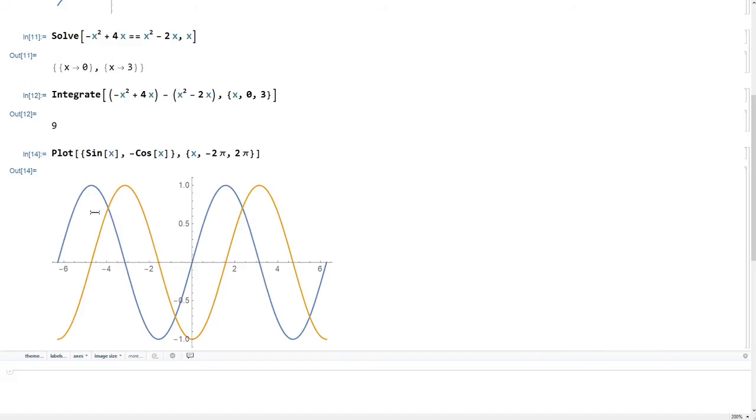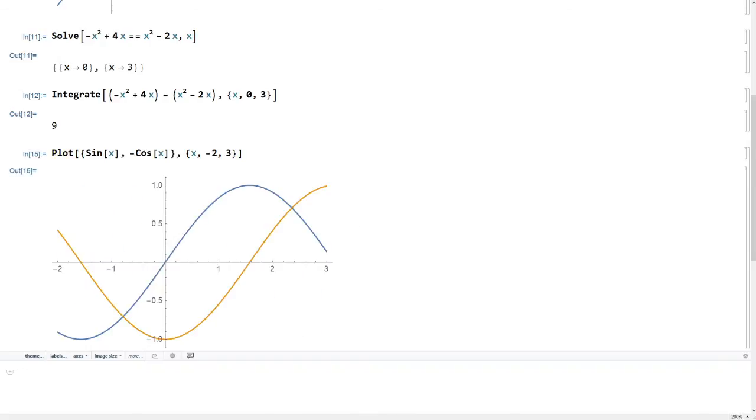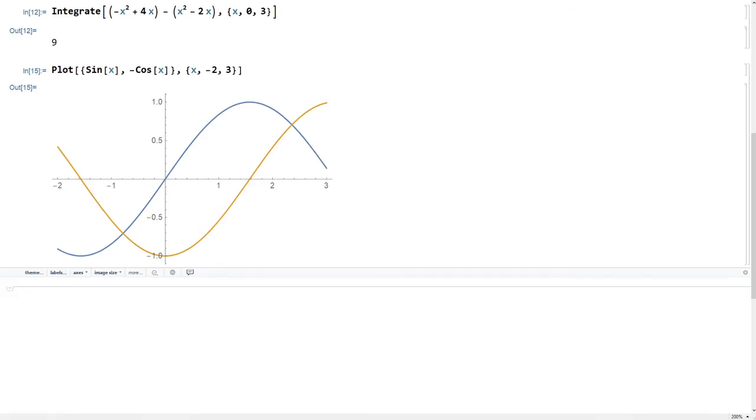So we only want to focus on just this one area here. We can even say, let's focus from like -2 to, I don't know, 3. I just want this one area here. So when do these cross? Well, why not look at our Solve command?